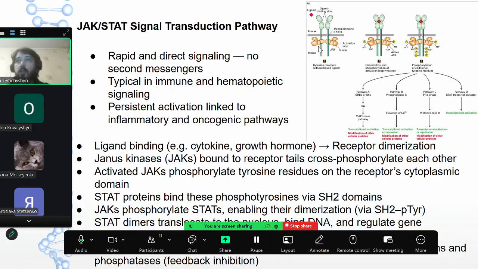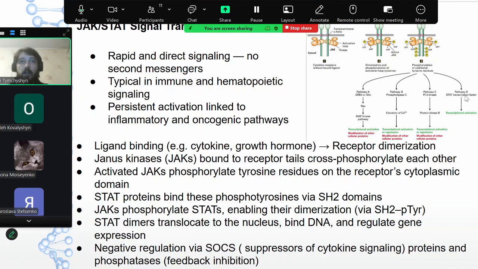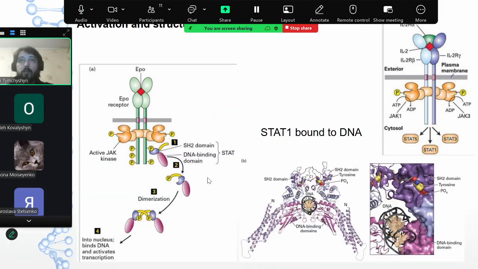I'm not getting into many details here, so you see how that looks, and the ligands are often cytokines or some growth hormones. Once again, you get receptor dimerization, and it's called JAK because Janus kinases are bound to receptor tails and cross-phosphorylate each other.